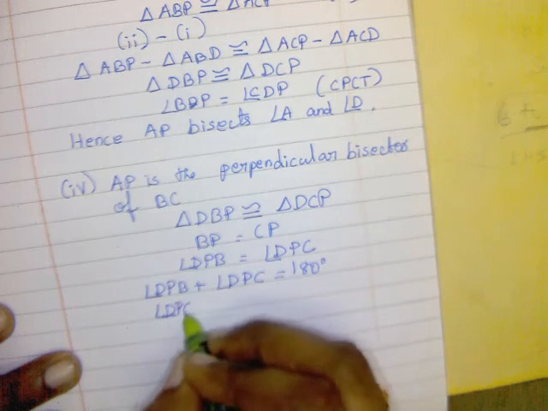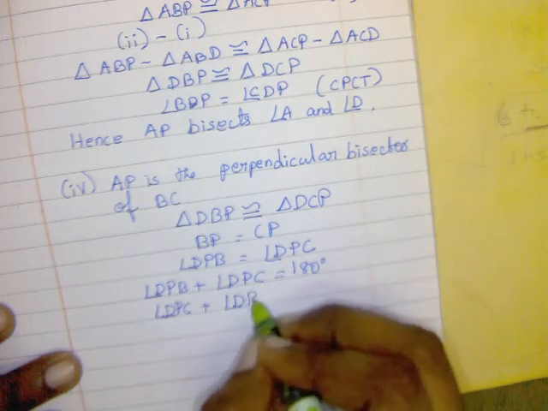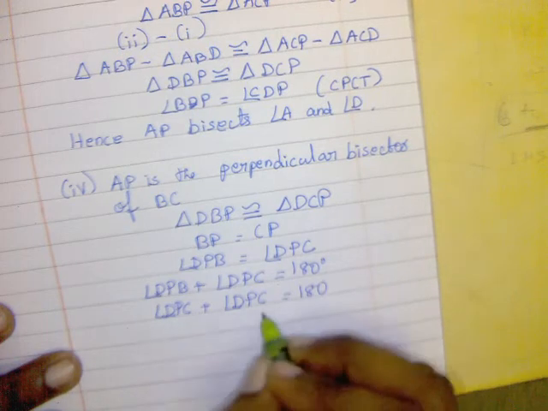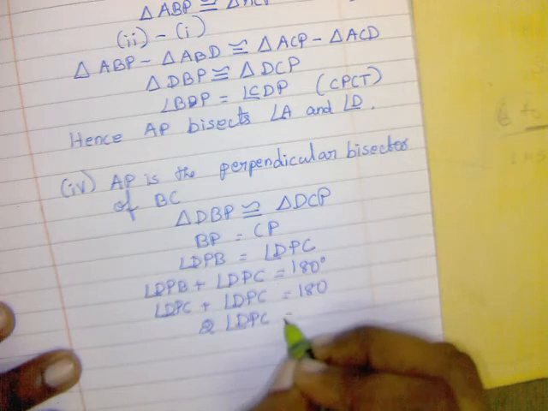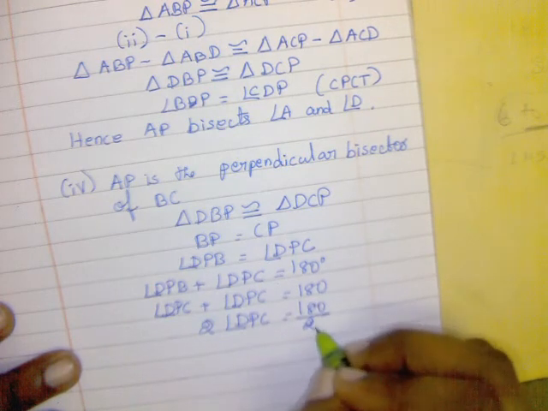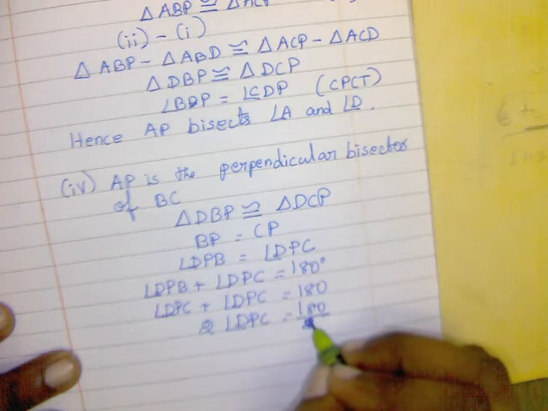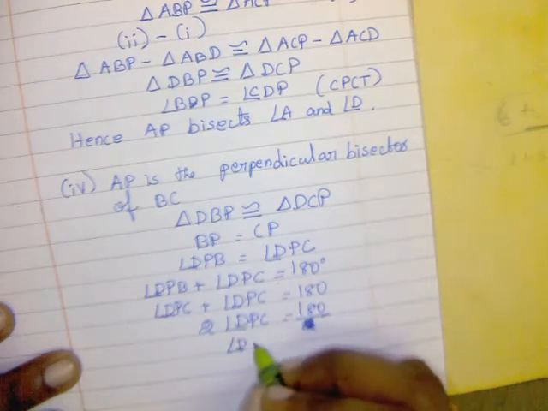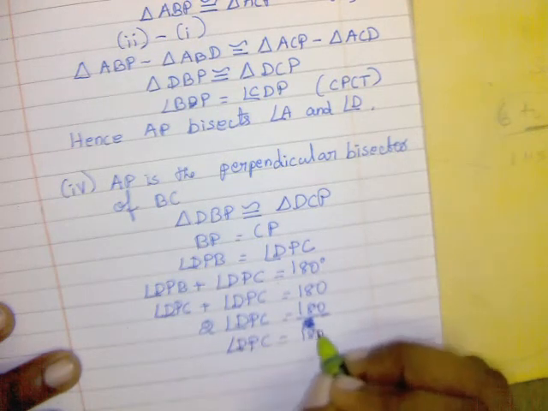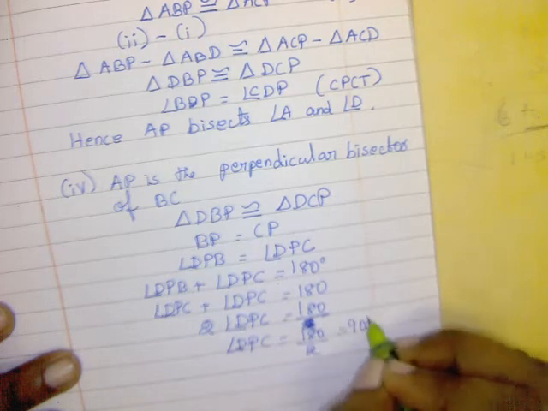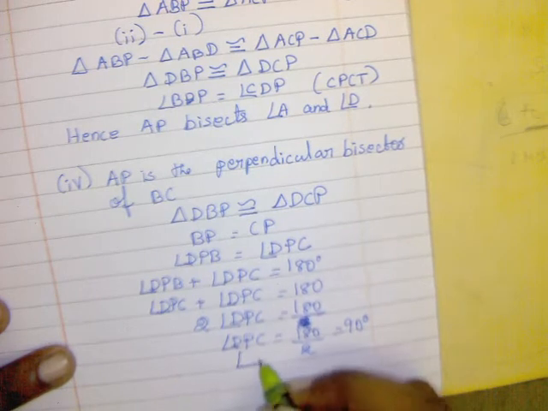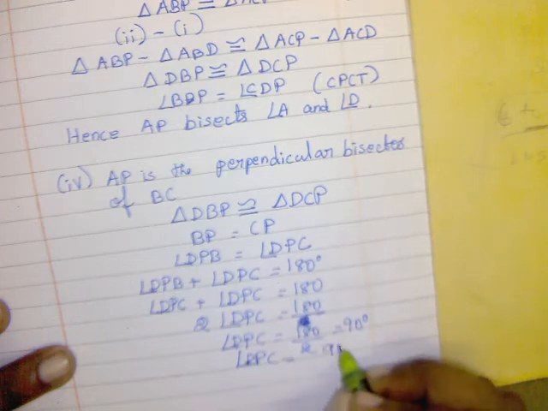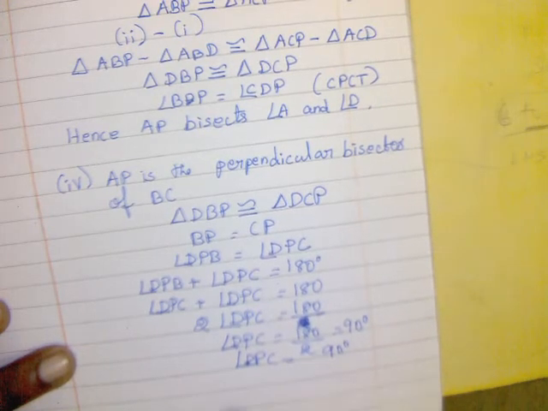So angle DPC plus angle DPC is equal to 180 degrees. 2 angle DPC is equal to 180, so angle DPC is equal to 180 by 2, which is 90 degrees. Now what did you get? Angle DPC is equal to 90 degrees. Hence proved. That much only.